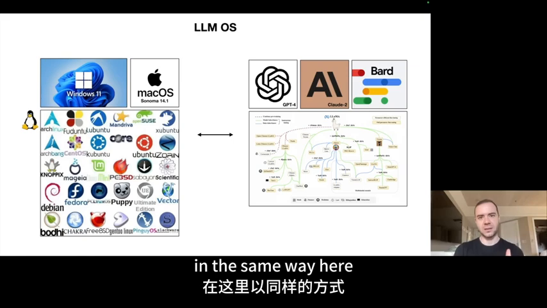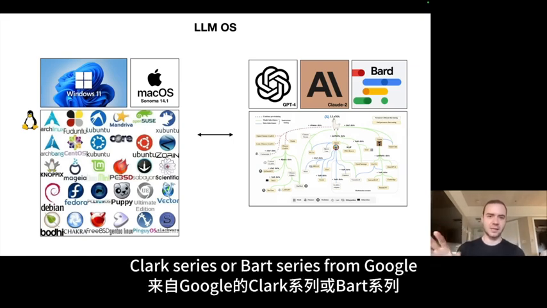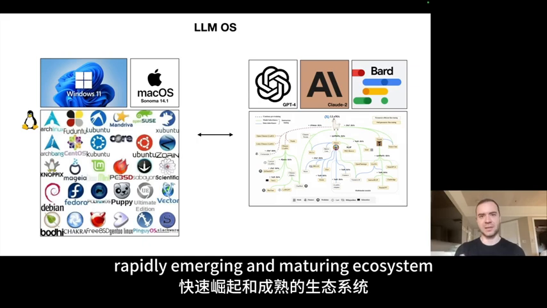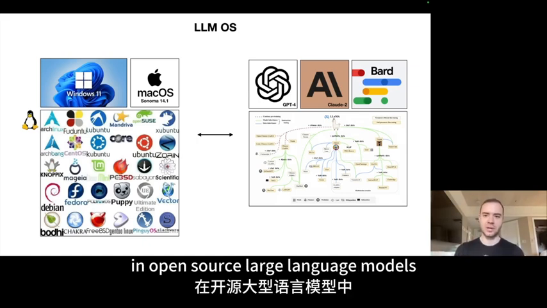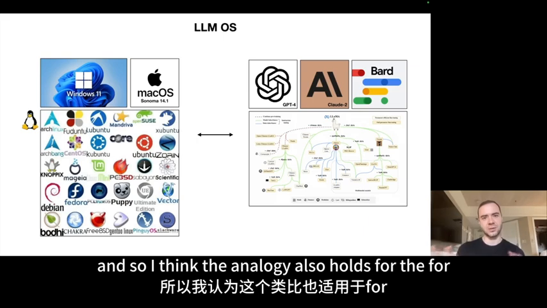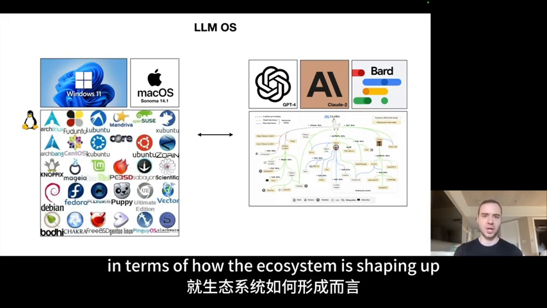In the same way here, we have some proprietary operating systems like GPT series, Claude series, or BARD series from Google, but we also have a rapidly emerging and maturing ecosystem in open source large language models, currently mostly based on the Llama series. And so I think the analogy also holds for this reason in terms of how the ecosystem is shaping up.